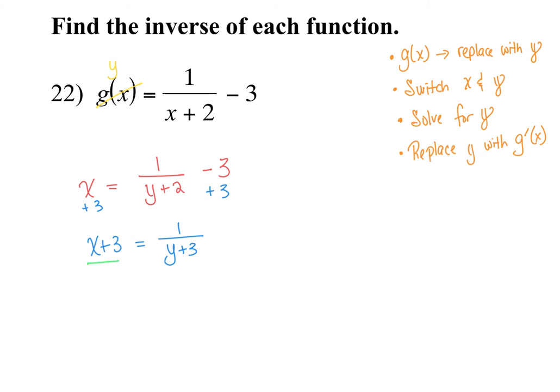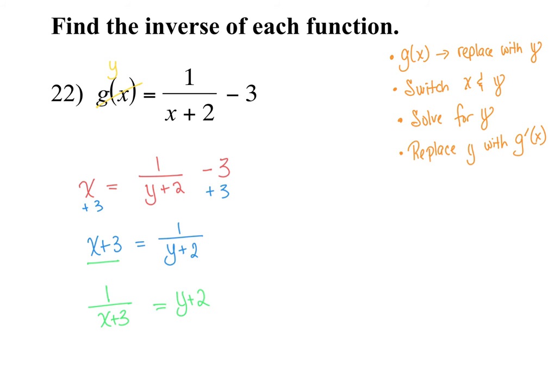So I can flip this entire thing, 1 over the x plus 3, and flip this one as well, y plus 2 over 1. So y plus 2 over 1, I can just write y plus 2, right? So anytime what you're solving for is on bottom, just flip both sides. Flip both sides and then solve.